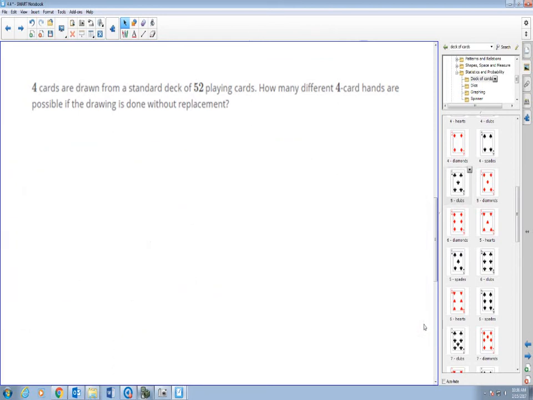Okay, if we want to play the game of drawing 4 cards, since the order does not matter, then this problem will become a combination. 52 cards to choose from, and we're going to choose 4 of them using combination.